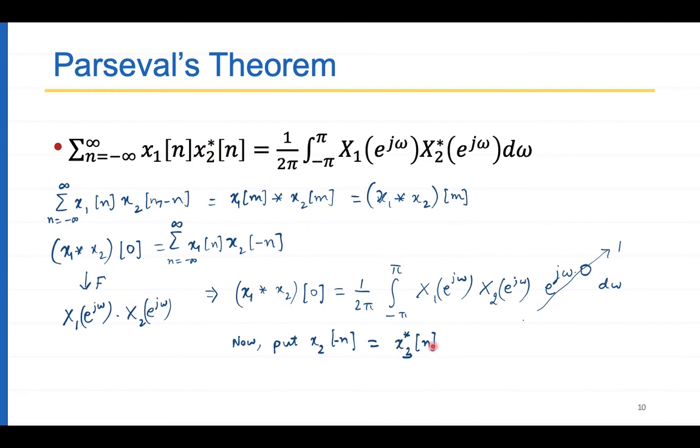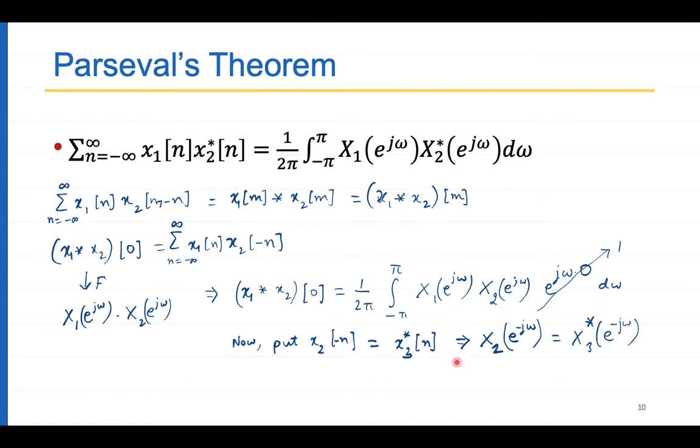If I do this, then immediately I know the Fourier transform of this will be X2 of e to the minus j omega, because time reversal reverses the frequency scale also, and conjugation will bring the conjugate as well as frequency reversal. So I substitute it back here, and that's what I get.